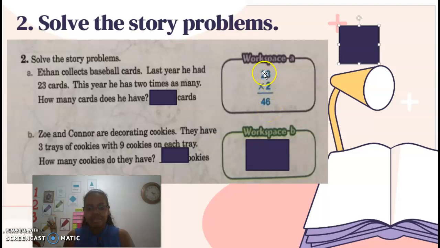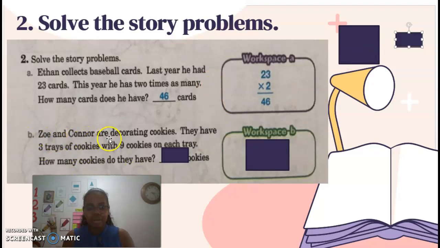And 2 times 2 is equal to 4. So, as a result, we have 46 cards because it is twice, 2 times.